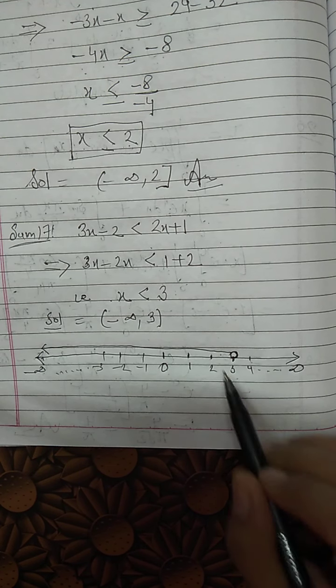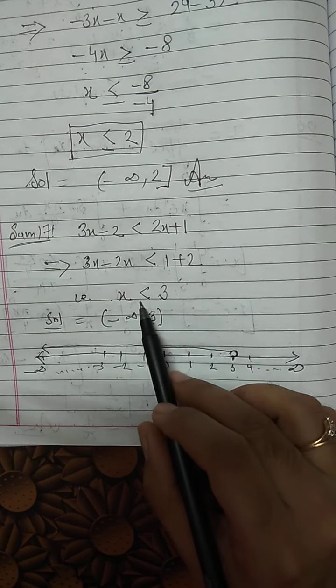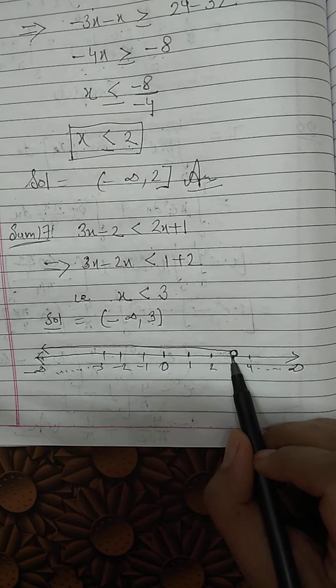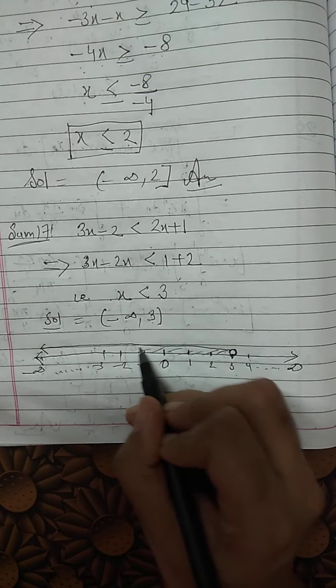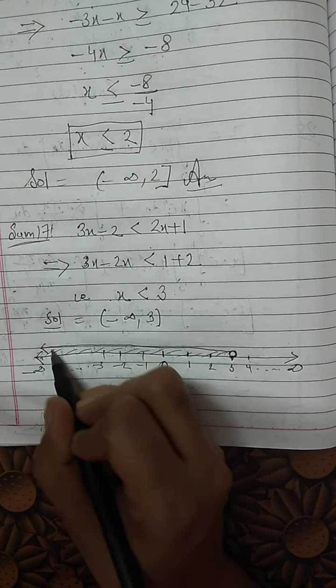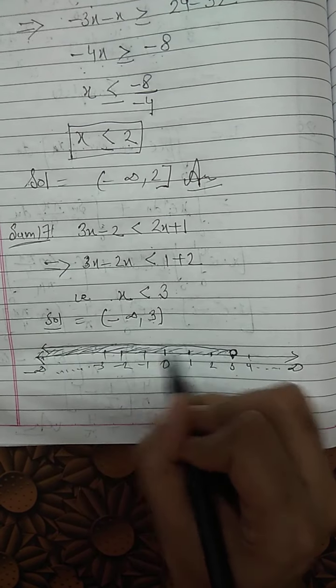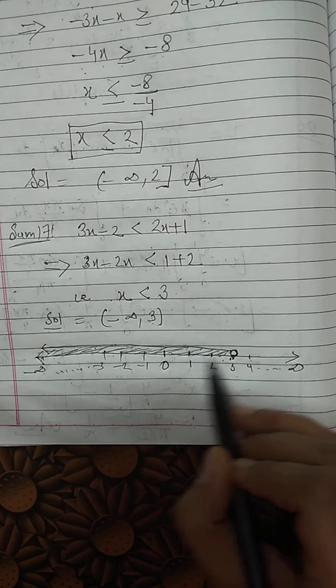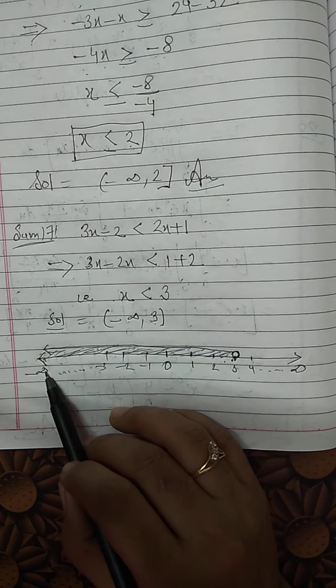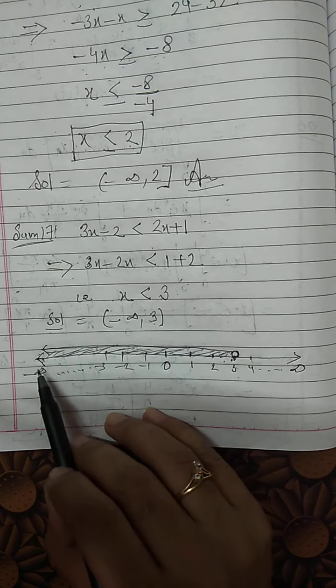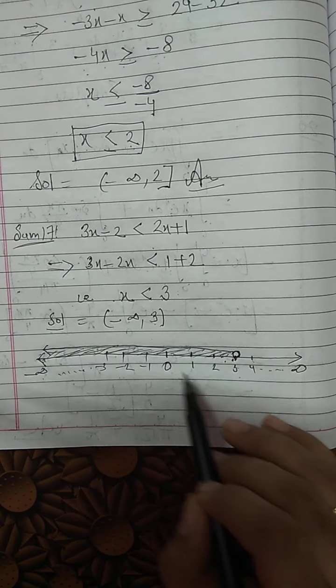Okay, 3 we are not supposed to include because it is only less than, so we are putting here a hollow circle and we want all the solution. So what is the solution? Solution we will shade here. So solution is all the real numbers less than 3. That means from 3 towards minus infinity we will just draw the line and then we will shade the region.